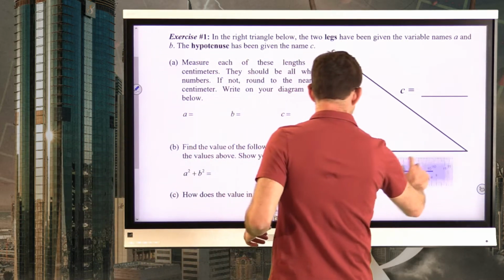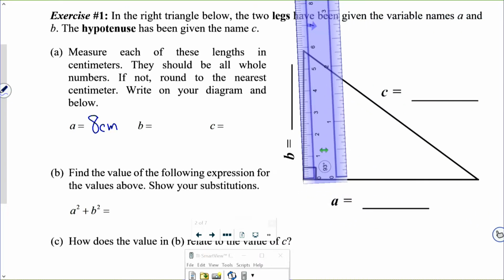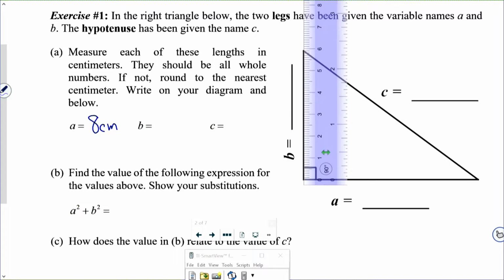So simple enough, right? For side a, it appears that it's got a length of 8 centimeters. So let me put down 8 centimeters right here. We'll label them on the diagram eventually. Side b, I can make that pretty easy by just rotating it up. That looks like it's got a length of 6 centimeters.